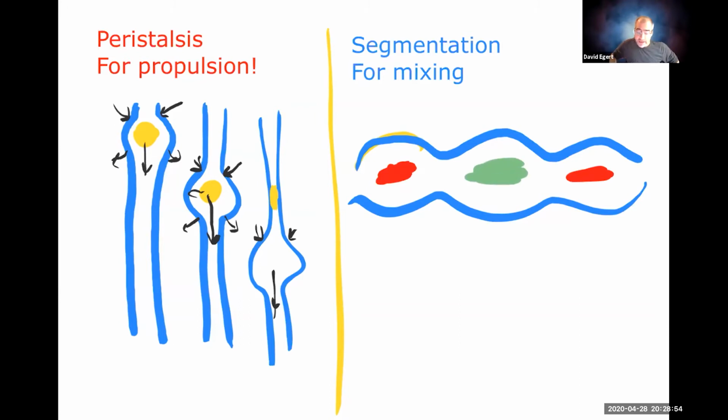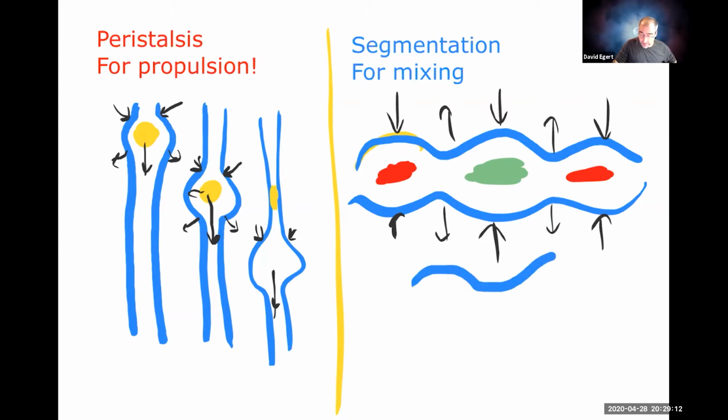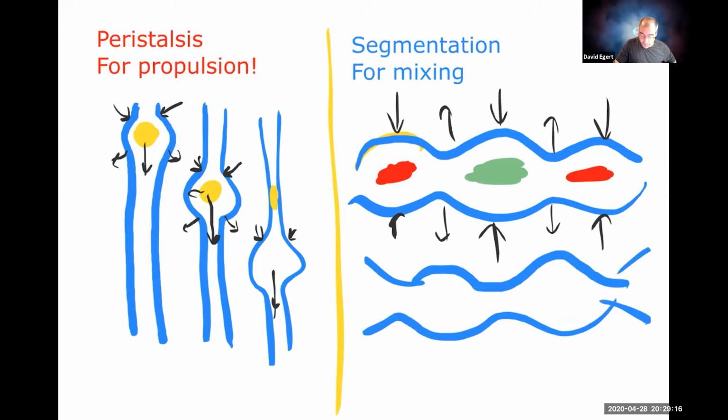And here the idea is not about moving it along. It's about mixing it and smushing it so the food has a chance to break down. So here we contract where it's pooched, and the food's getting smushed.